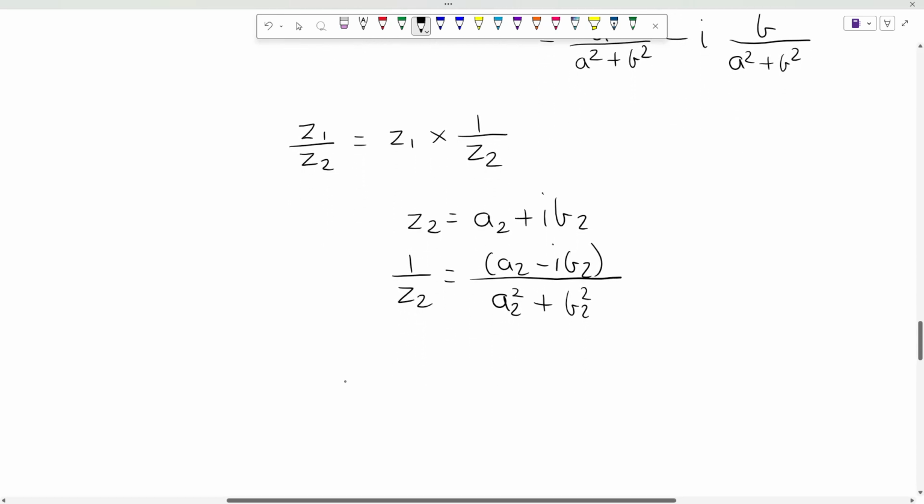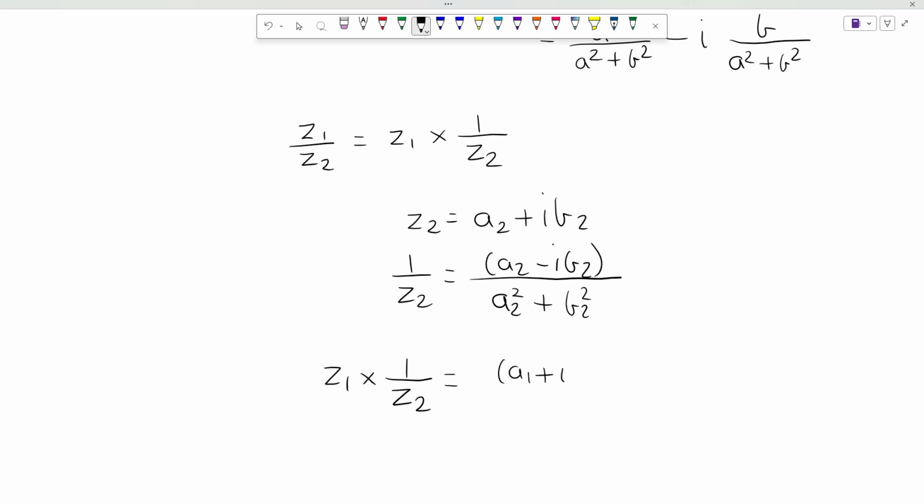So z1 times 1 over z2 will be equal to a1 plus iota times b1 times a2 minus iota times b2 all over a2 square plus b2 square.